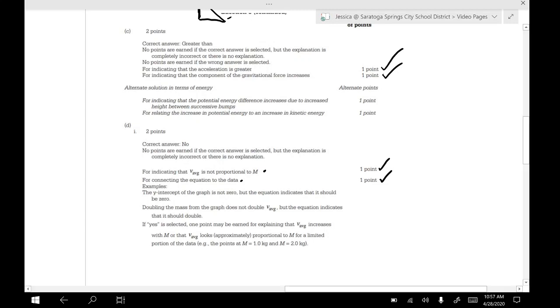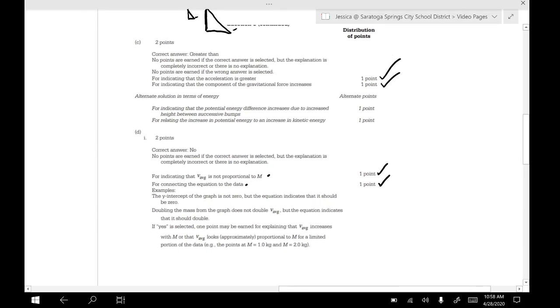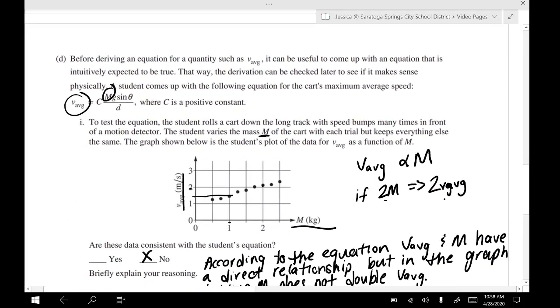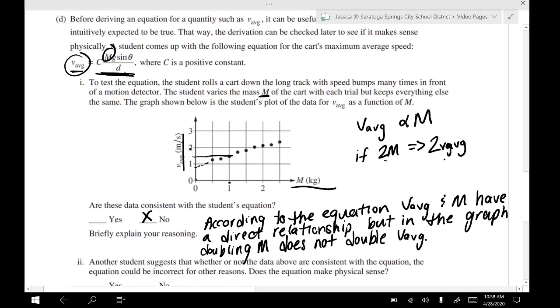Doubling the mass from the graph does not double V average, but the equation indicates it should. So basically what that y-intercept is saying is, if m is 0, according to this equation, V average should be 0. But if we extrapolate the data, V average would not be 0 when mass is 0. So that's what that second part was talking about.